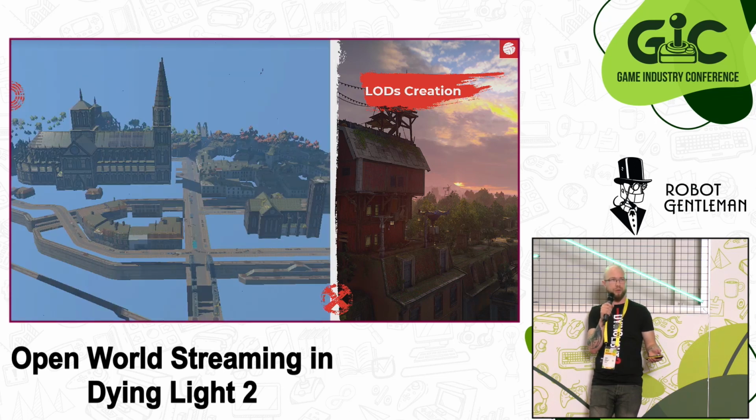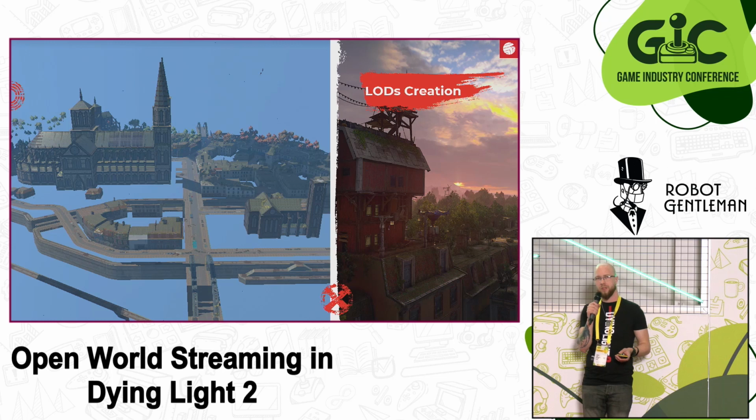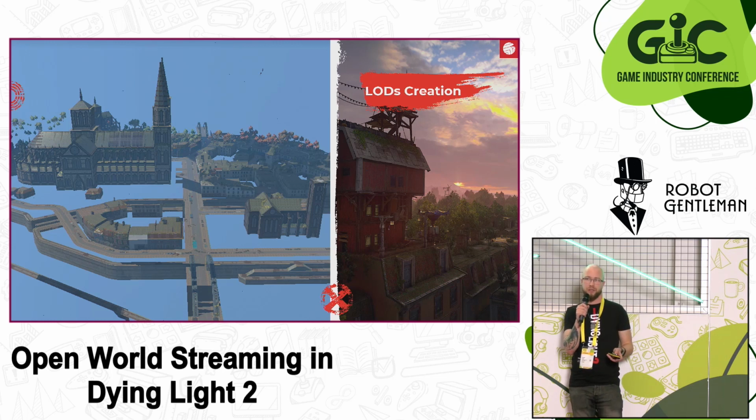LOD2, or the region LOD, is something different. We didn't have any cool automated way to do it. Instead, what we did was we took a scene created from LOD1s for the entire region, exported it to an FBX file, and then our 3D artist would open it in Max, optimize it even more, decimate some triangles, make it look good and be really optimal, because the region LOD is loaded at all times.